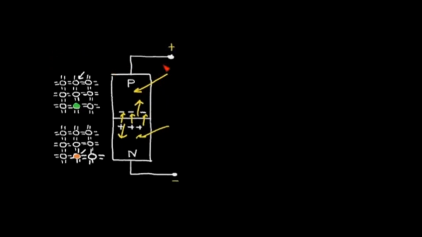So let's add a load to the solar cell. Now the p side of the solar cell is connected to a positive terminal, and the n side is connected to the negative terminal. And if we place, for example, a resistive load across the positive and negative terminal, let's call this R sub L, L being load.